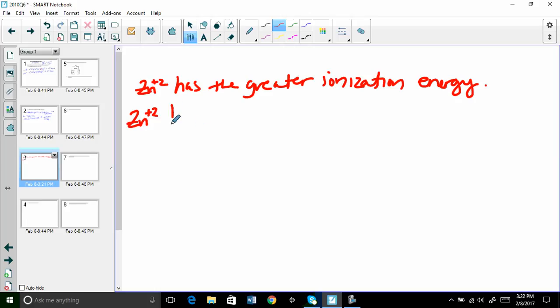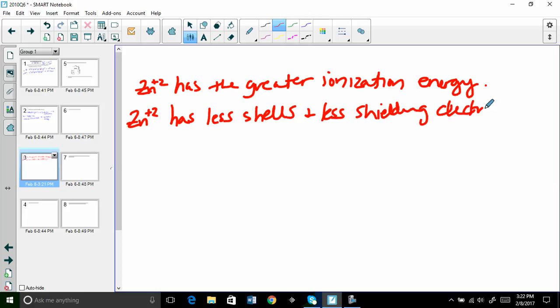Zn plus 2 has fewer shells, remember we said that has 3, and fewer shielding electrons than zinc.